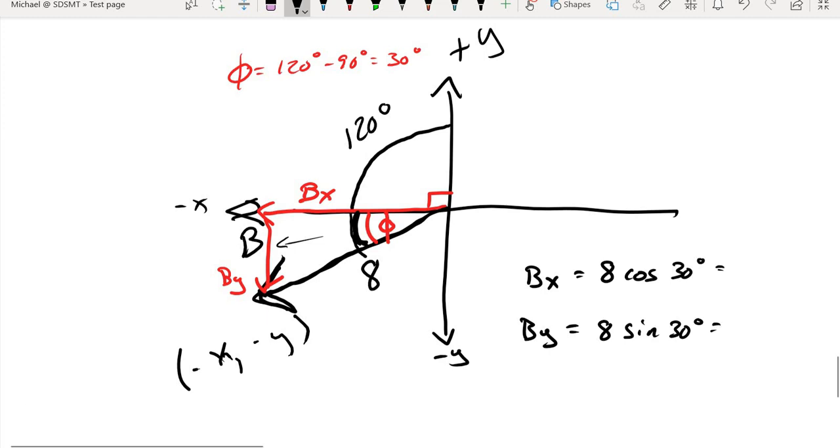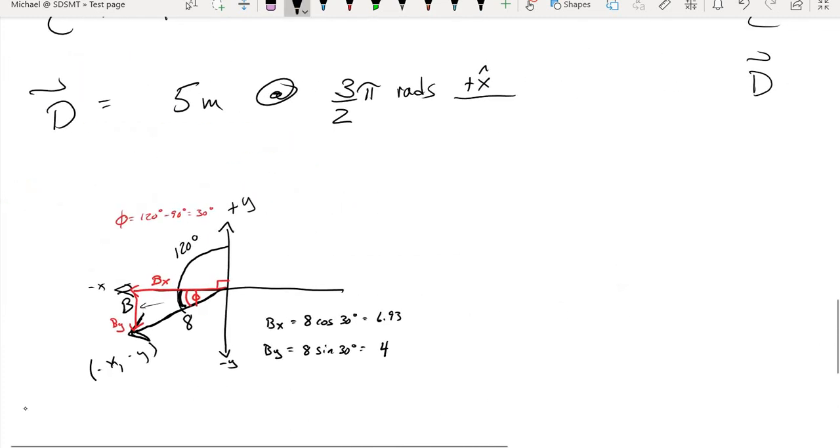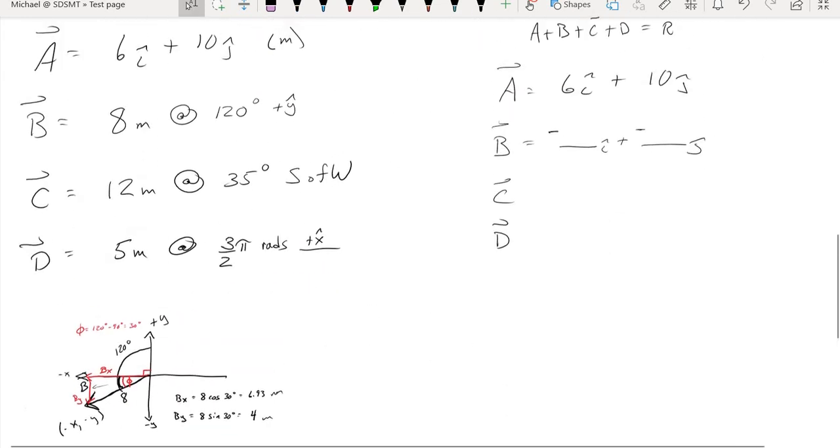The values that we get for those: this would be 4, and I'll have to put 8 cosine 30 into my calculator, 6.93. Everything that we had was originally in meters, so our components will also be in meters. Negative 6.93 and negative 4. Those are the components of vector B.